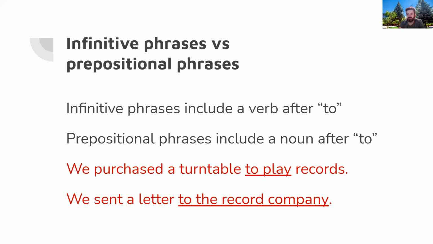Whereas we sent a letter to the record company. The record company is a noun. So this is a prepositional phrase, okay? And it's telling where the sending of the letter is going. Whereas in the first one, to play describes the turntable. Okay, it's a turntable that will play records, but we could say that will play. We drop it out and just put to play.